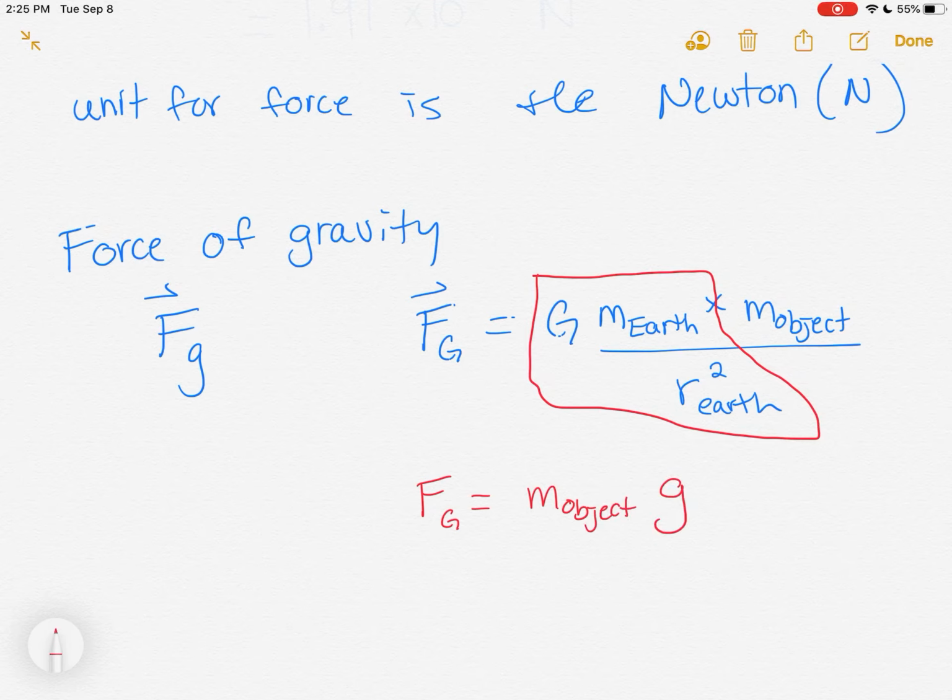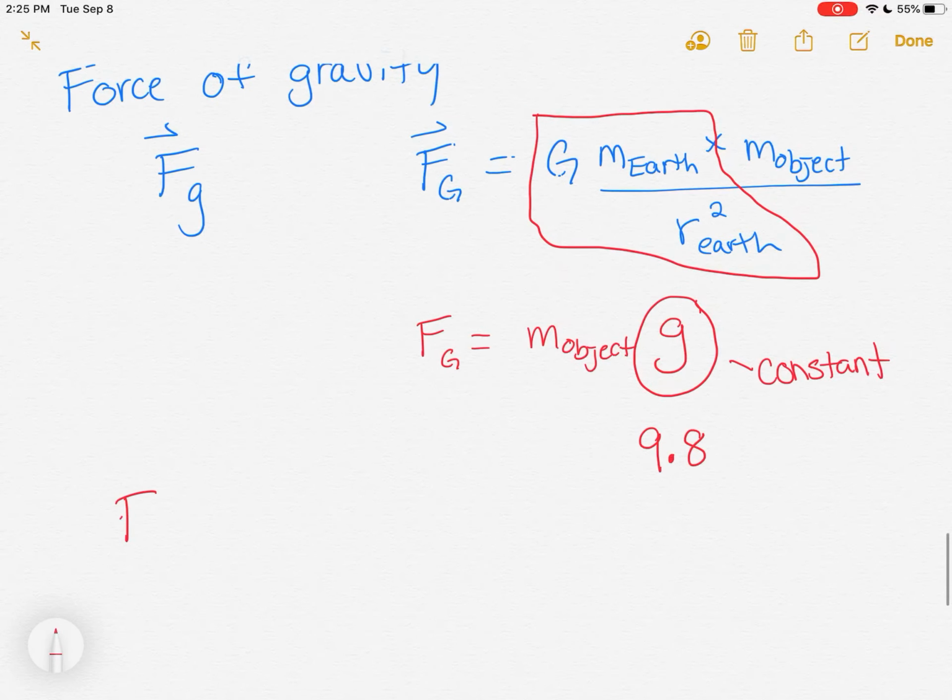We named this constant little g, okay? And we call it the force of gravity on the Earth, okay? And it happens to be 9.8.